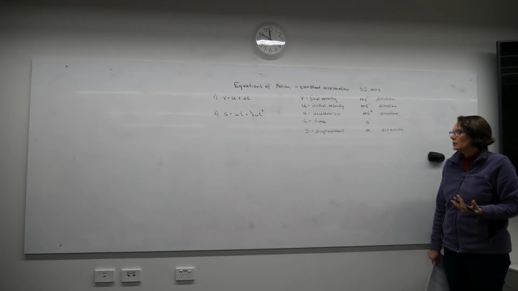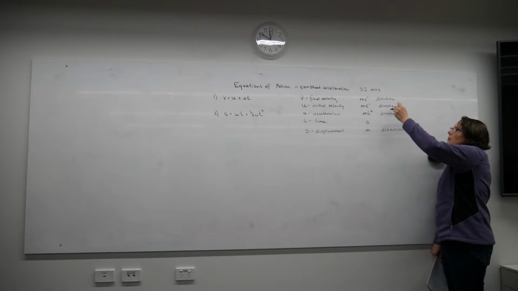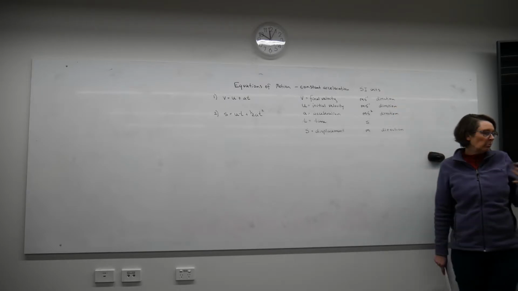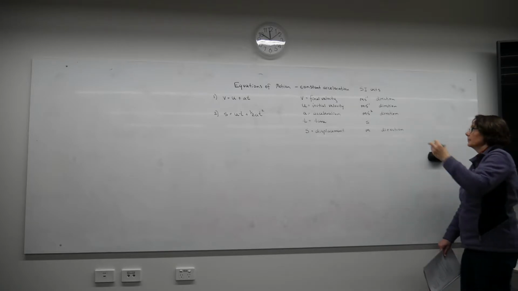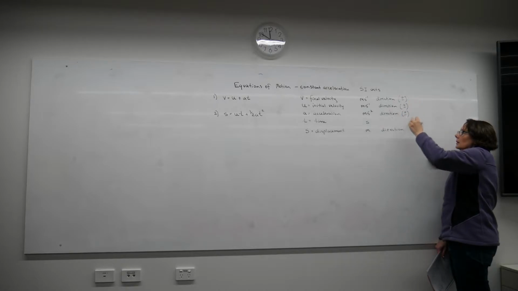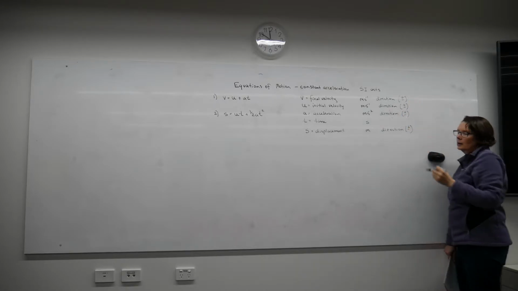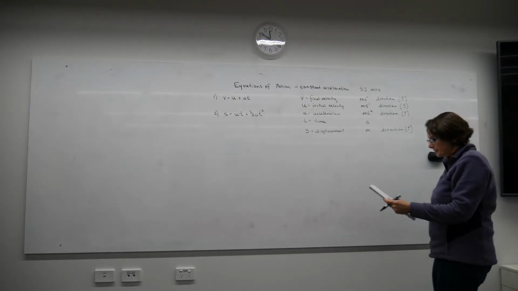And so that tells me that for my equations, if I have direction, that means a positive or negative sign. That's how I'm going to be using it in my calculations, to make sure I've got my direction correct.